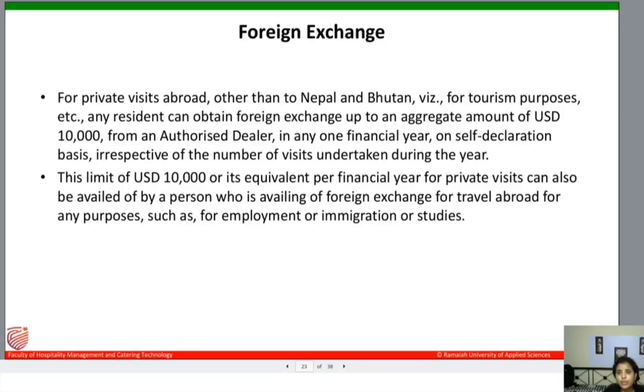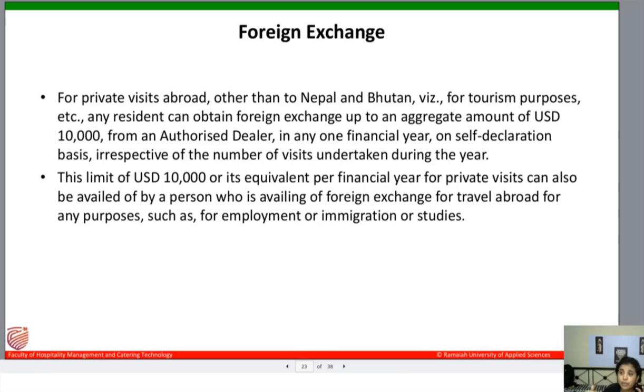Now, according to the regulation, any tourist who is traveling abroad except Nepal and Bhutan can do a foreign exchange of an aggregate amount. So this is a limit given by RBI of USD 10,000 from any authorized dealer, irrespective of the number of visits undertaken during the financial year, so this has to be taken into consideration.